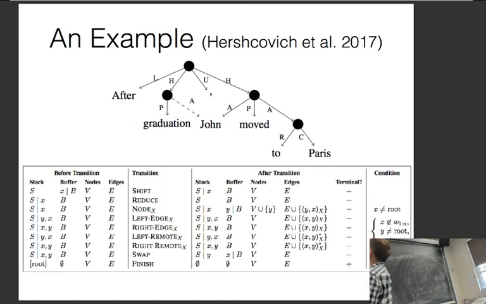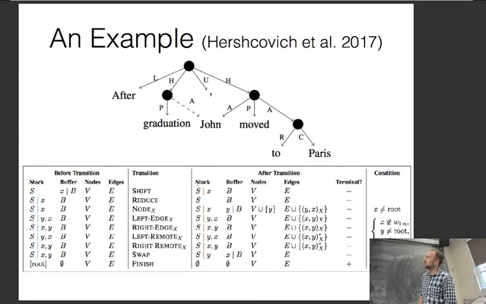So for example, if you look at the first thing here, you would first shift "after" and put it onto the top of the stack. Then you would do the node L action, which would then put a node on the top of the buffer with a link to "after".